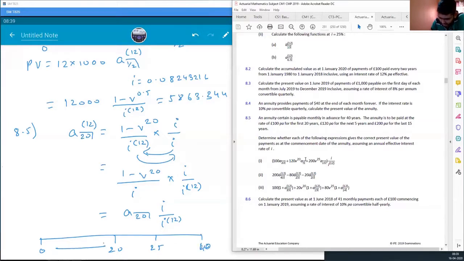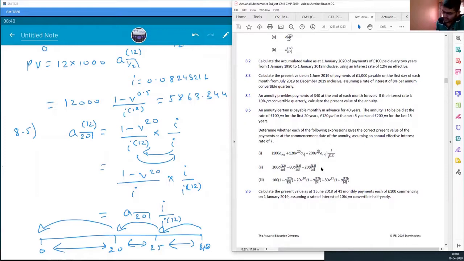So this is one annuity, this is another, and this is our third. The first annuity's present value will come at time 0, but the second annuity's present value will come at time 20, so we'll have to discount it for 20 years. The third annuity's present value will come at 25, so we'll have to discount for 25 years. But the problem is that here we should not multiply.